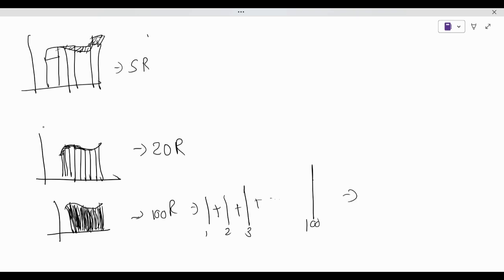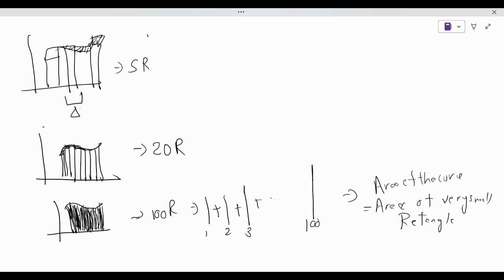If I add all this, I'll get the area of the curve, which is equivalent to the area of very small rectangles.